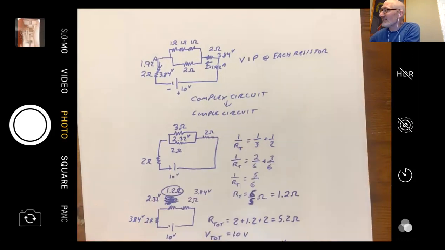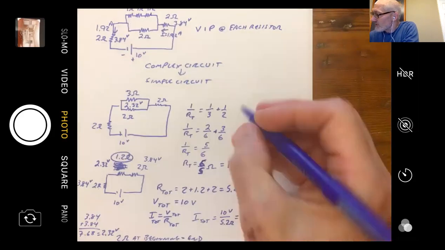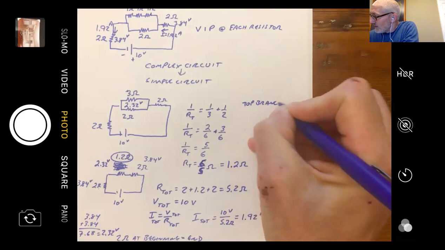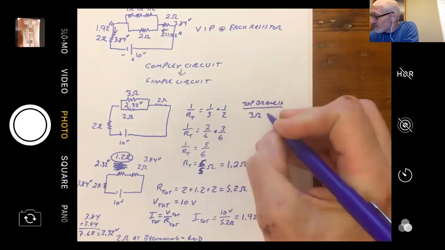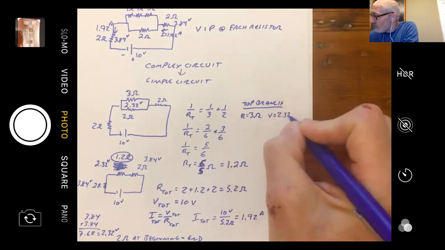So I'm going to break this down and we're going to finish this off. For the top branch, we said that this was a total of 3 ohms. That was my resistance. And then we said that the voltage was 2.32 volts.